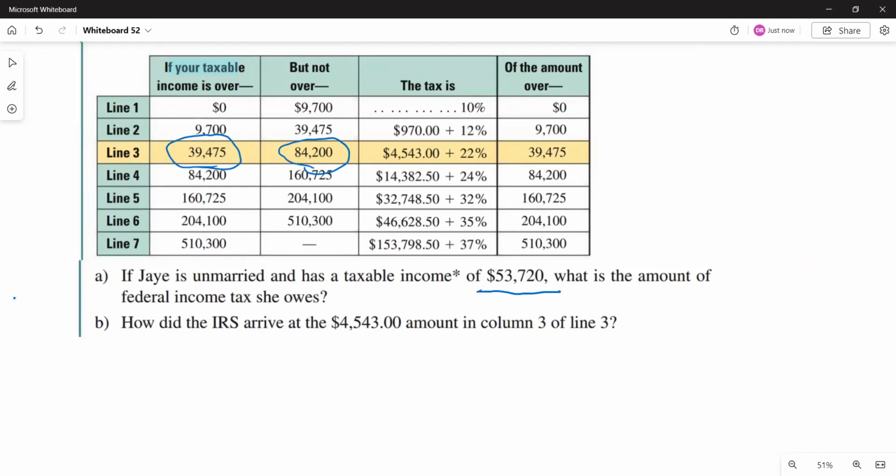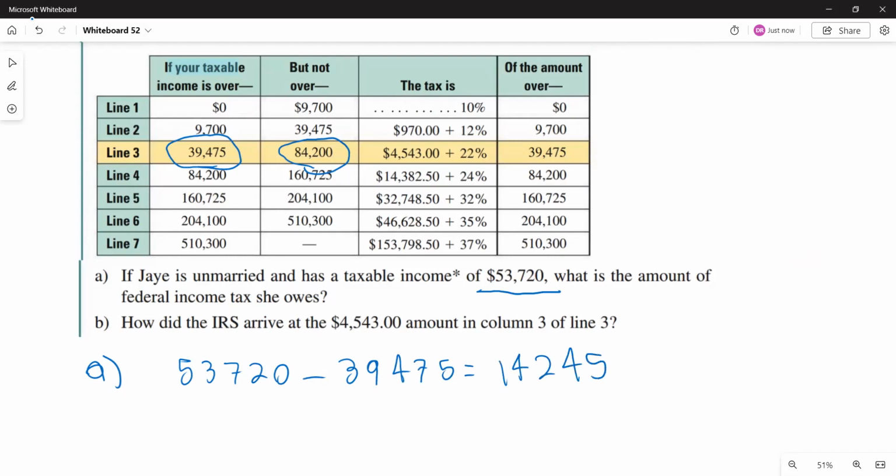So it's going to be 22% of the amount over 39,475 plus 4,543. So 53,720 minus 39,475 is 14,245.